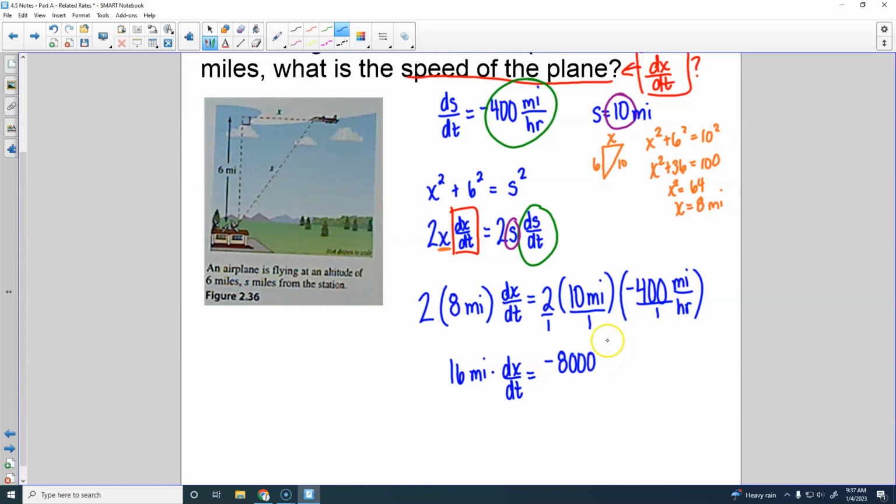And then when you're thinking about units, in the top, you've got a miles here and a miles here that are being multiplied together. So that gives you miles squared. And then in the bottom, you've just got hours. Okay? Are we okay here?